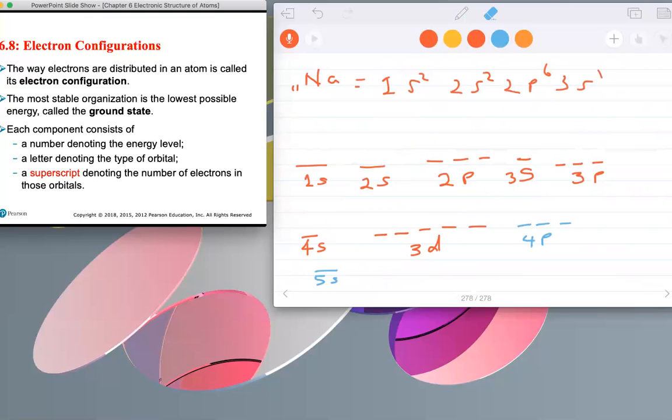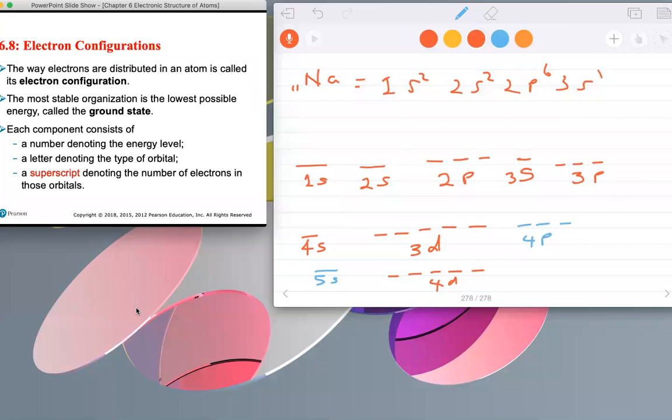I should have enough space here for 4d, and there should be 1, 2, 3, 4, 5. When you get to f, wherever you see f, there should be 7 of them.